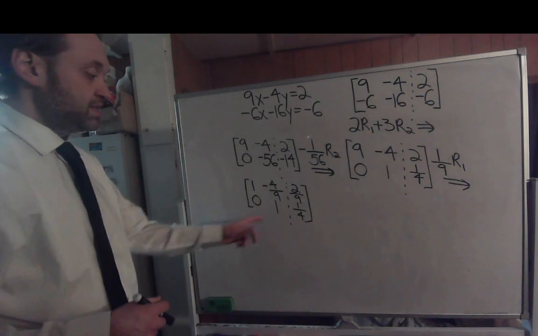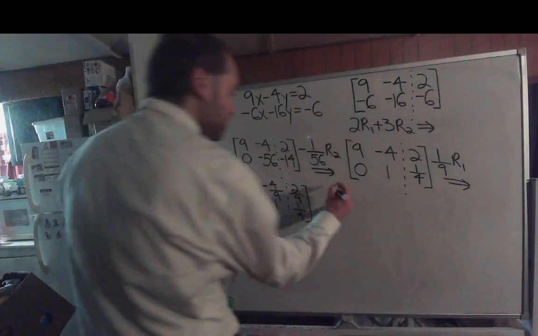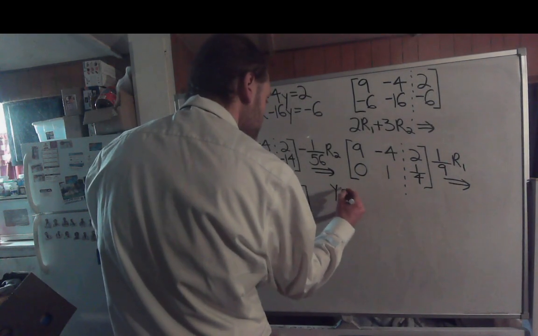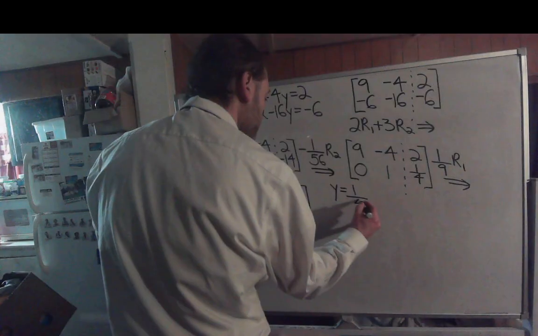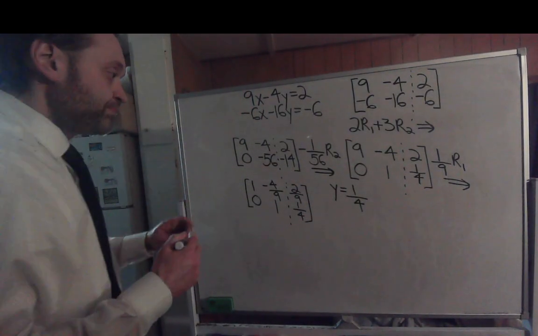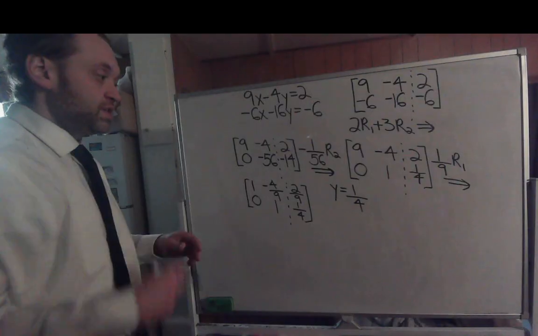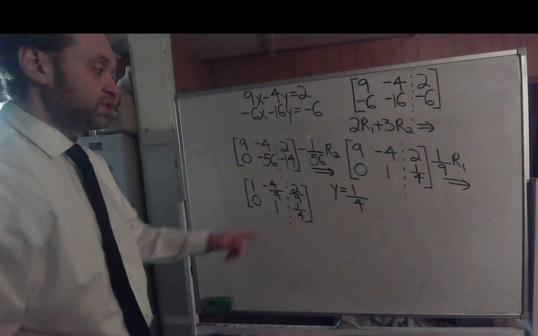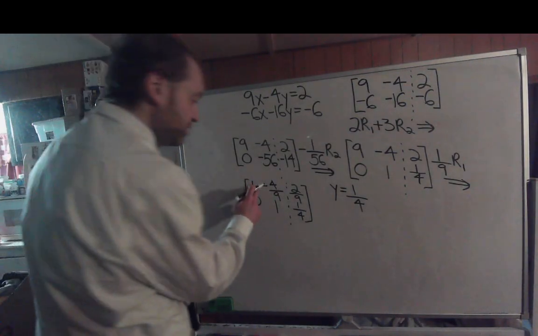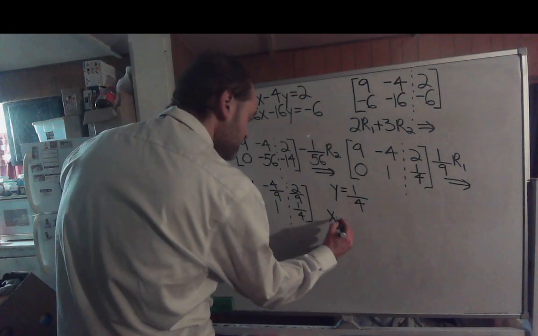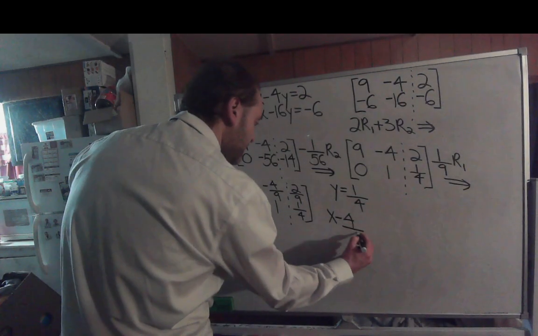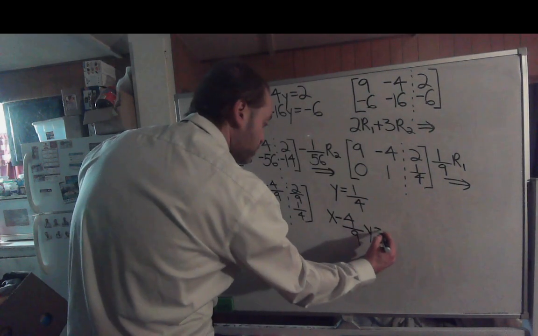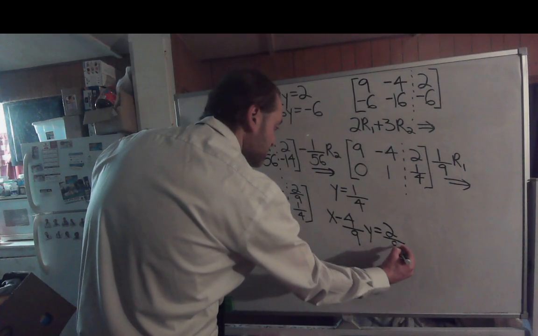So this is telling you that y equals 1/4. That's great. There's one value we need. Now, we're going to use back substitution, putting this into the top equation, which is telling you that x minus 4/9 y is equal to 2/9.